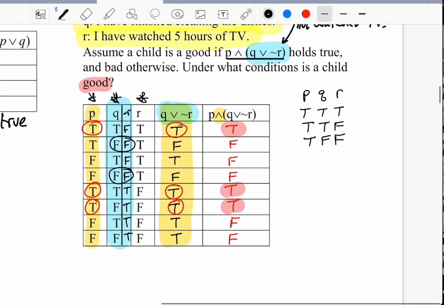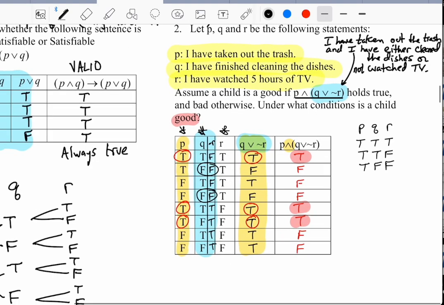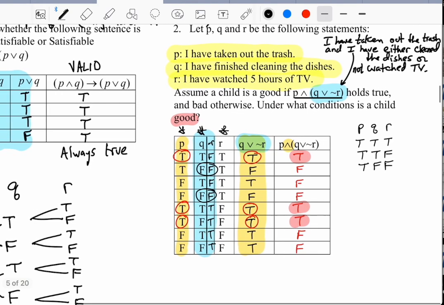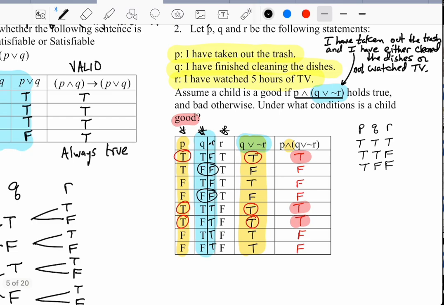But in terms of what this is saying, our whole sentence here was, I've taken out the trash, and I've either cleaned the dishes or not watched TV, all right? So if I say the whole thing is true, and each part is true, then I'm saying I did take out the trash, and the crux of the whole thing would be whether I did the dishes or I was unable to watch the TV.